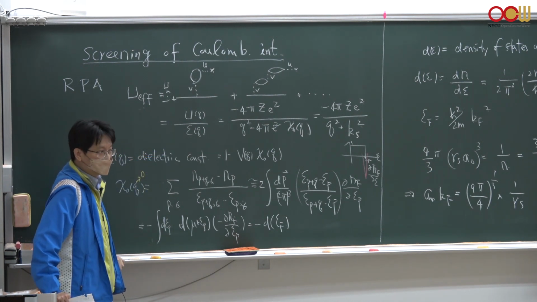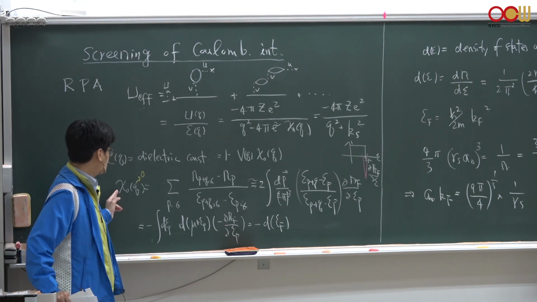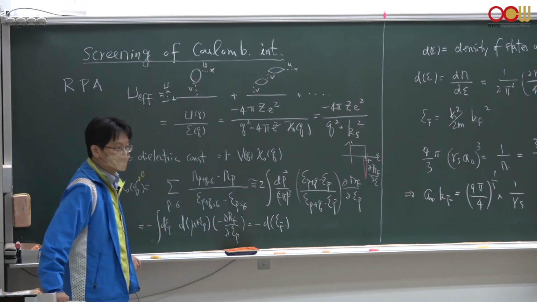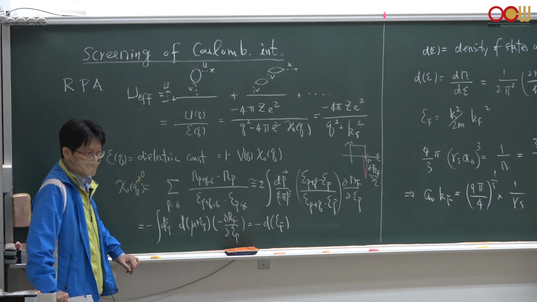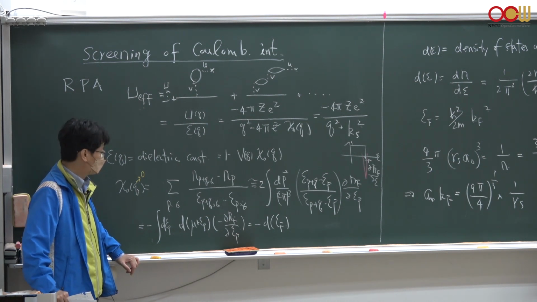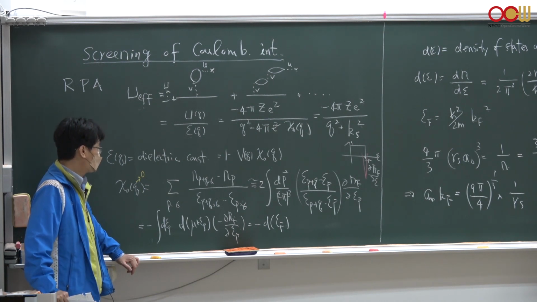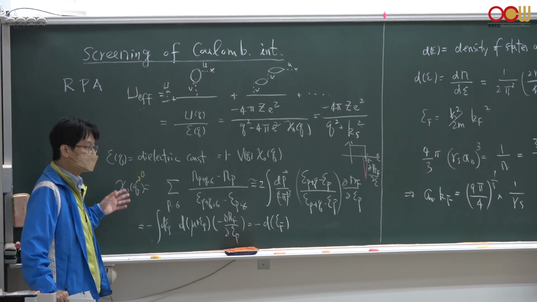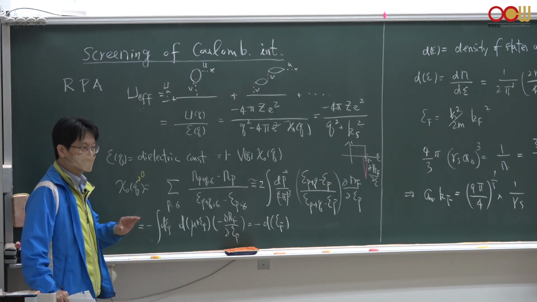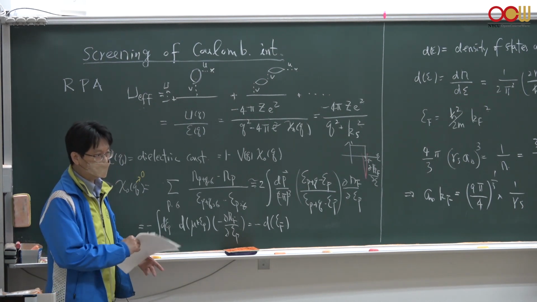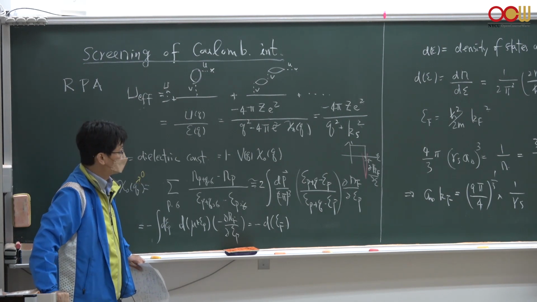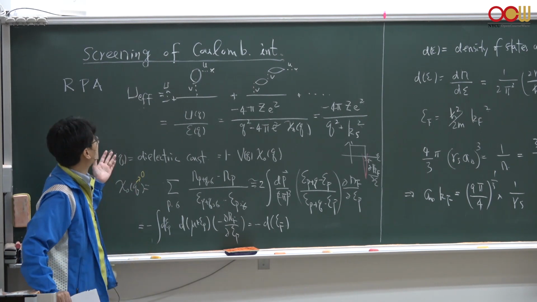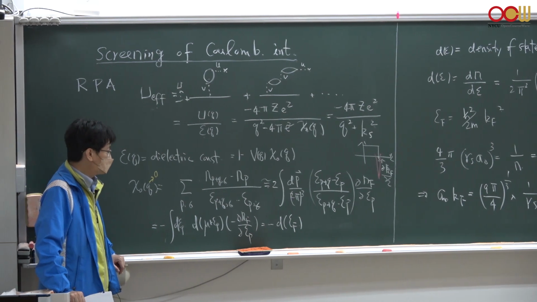So when Q is not so small, chi0 of Q is not identical to just a constant density of states, but it is a complicated function of Q and temperature T. But here we will simplify this by considering the zero temperature limit and small momentum transfer limit, because we know that in this limit we have this plasma oscillation phenomenon, and this plasma oscillation played a crucial role for this Coulomb screening effect.